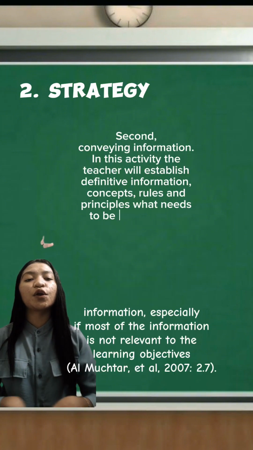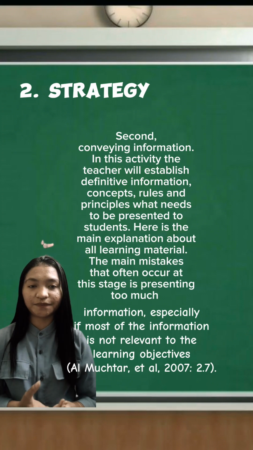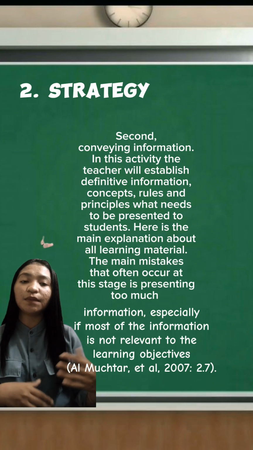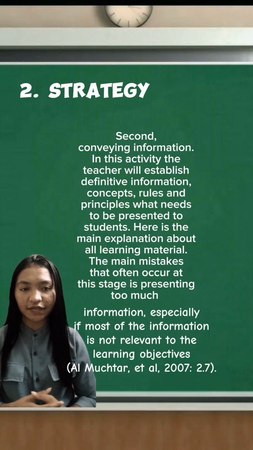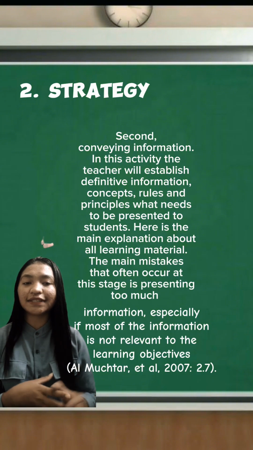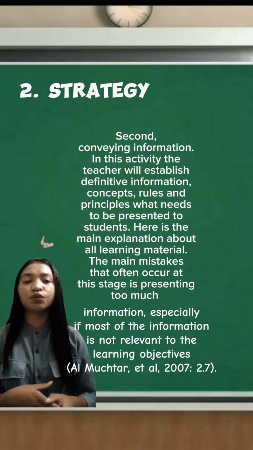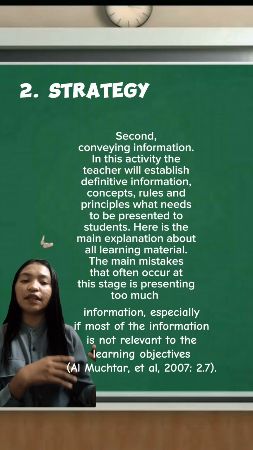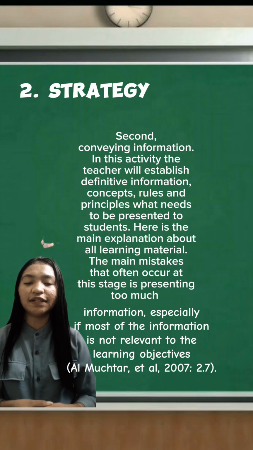The second, conveying information. In this activity, the teacher will establish definitive information, concepts, rules, and principles that need to be presented to students. Here is the main explanation about all learning material.